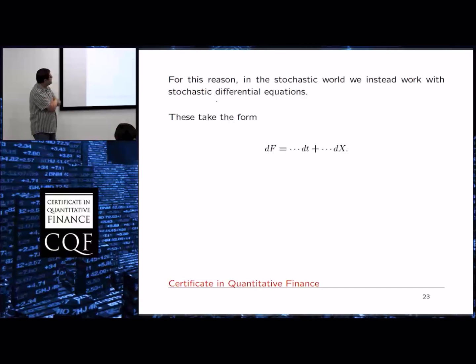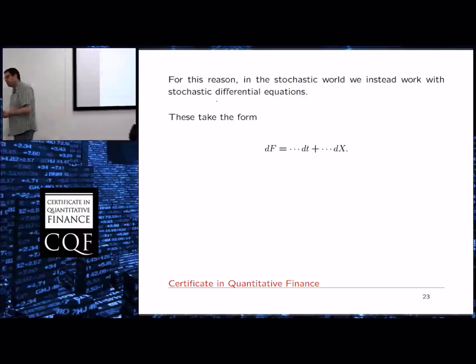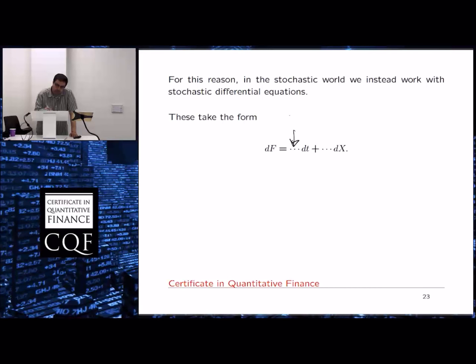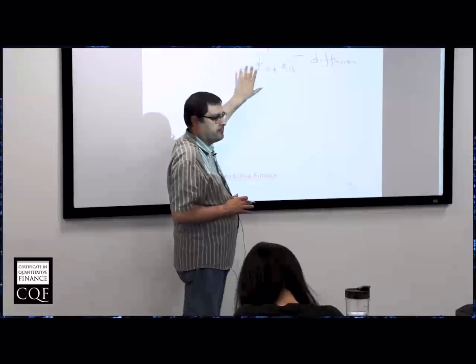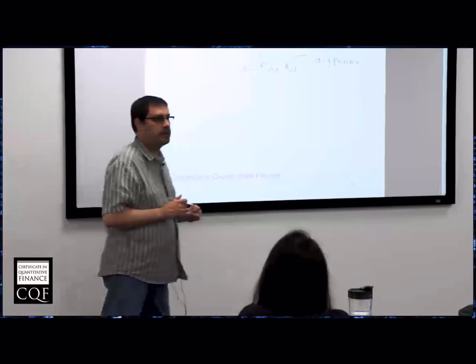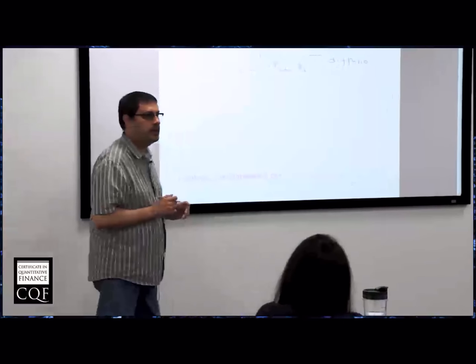Okay, so these take the form that, where the dot dot dot in front of dt, can you remember what this is called? Drift? This one? Is the diffusion. In other words, we can't write down df by dt anymore, right? Which is what you're used to writing down. So what we have to now do is use stochastic differential equations.